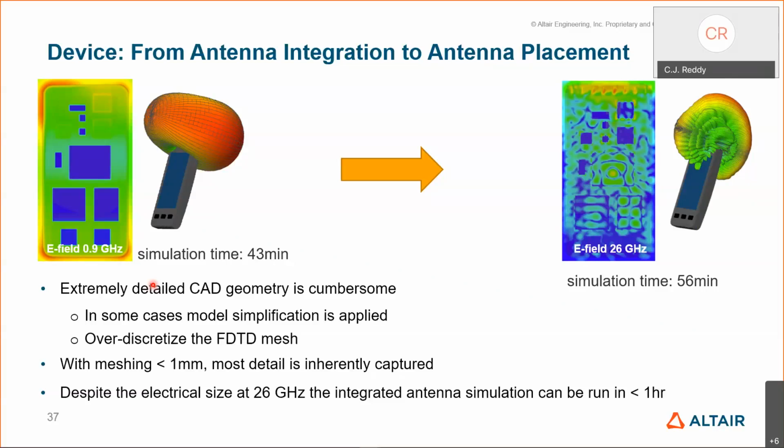So first and foremost, your mesh should be able to capture the geometry accurately, and then it should be able to represent the frequency of operation, or the highest frequency of operation you have. In that respect, we already over-discretized this for the frequency. So the discretization did not change much, so you see the same amount of time here as well.